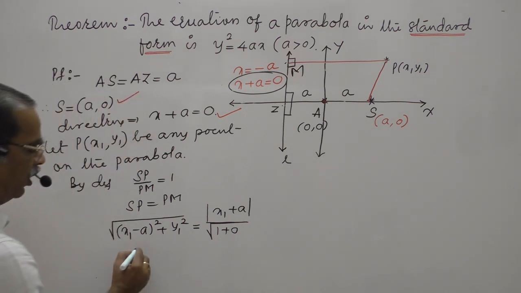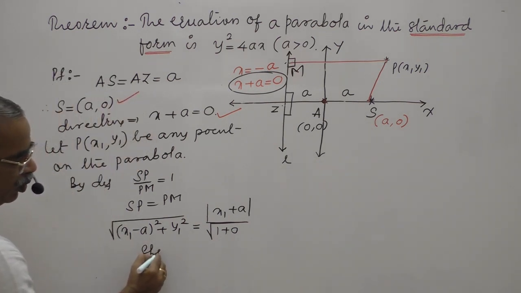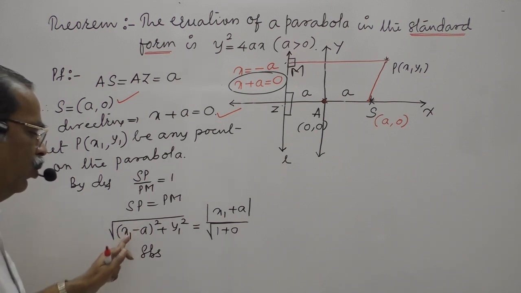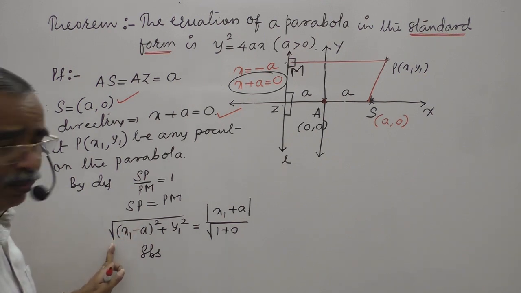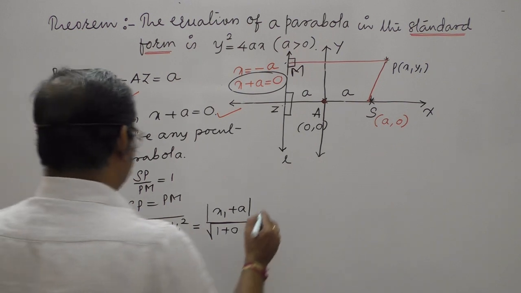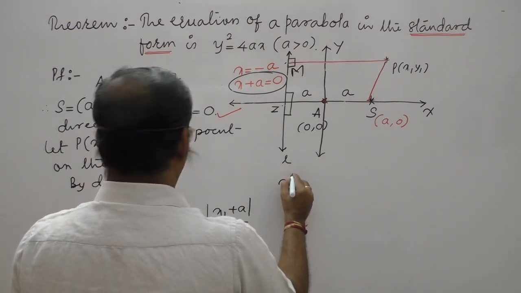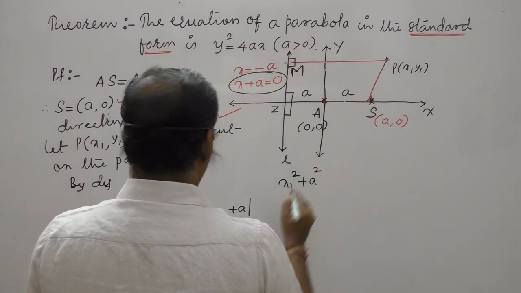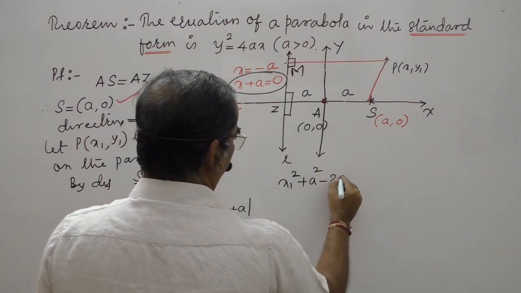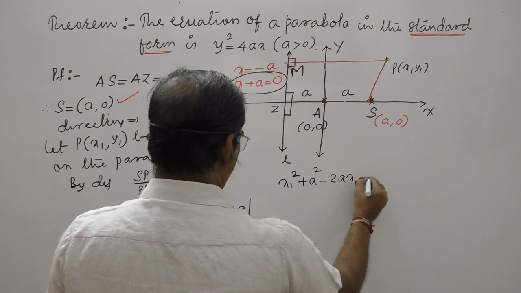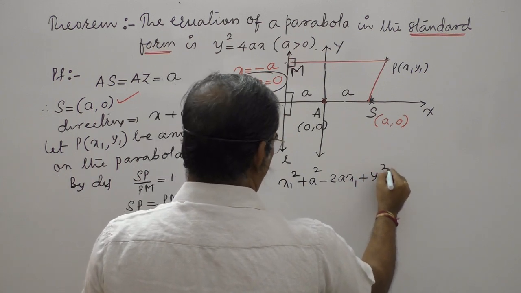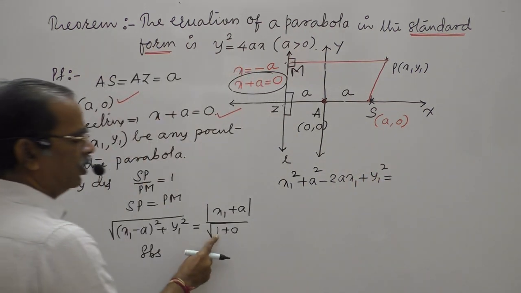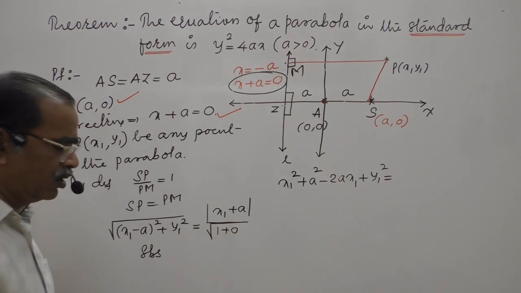Now let us simplify. Squaring on both sides, the root will be eliminated. Further I will expand this. If I expand (a minus b) whole square, x1 square plus a square minus 2a x1 plus y1 square. On the right side, the denominator is root 1, which means 1 only.